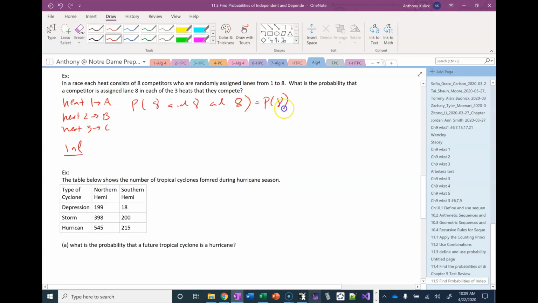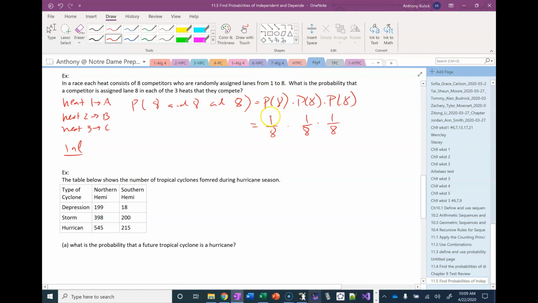So just the probability of getting lane 8 times the probability of getting lane 8 times the probability of getting lane 8. And since these lanes are randomly assigned, it means we have an equal chance of getting lane 8 in each heat. And since there are 8 lanes total, getting lane 8 is just a 1 out of 8 chance. Again, there's only one lane 8.